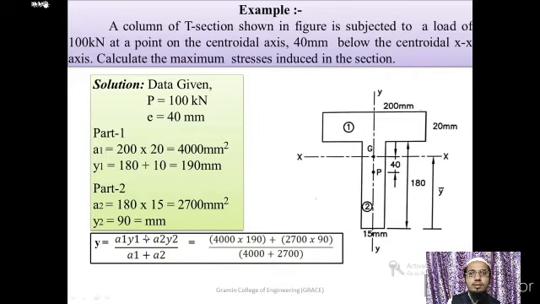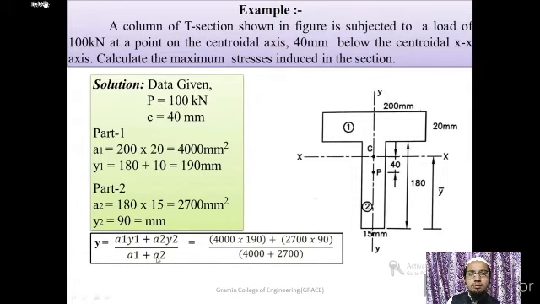Okay, so a1 we have found 4000 mm square, a2 2700 mm square, and y1 and y2 as 190 and 90 mm respectively. So by simply putting the values, you will get the answer. Just solve it on your calculator. Solve it fast.